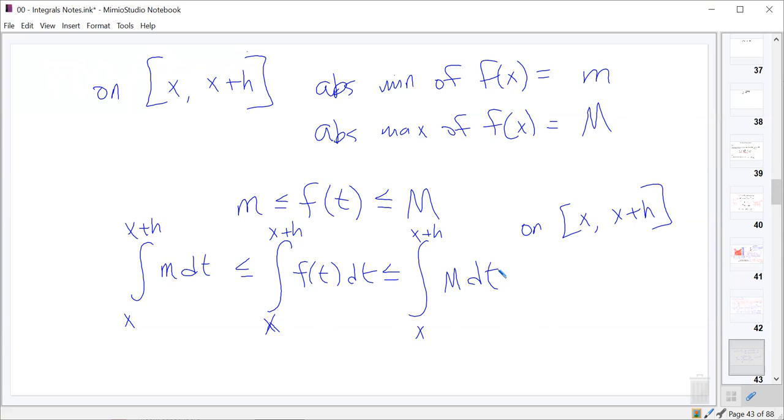And if we think about what the integral of the minimum value is, a function that represents a minimum value is just representing a constant.